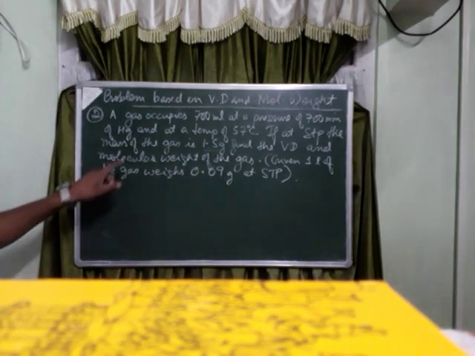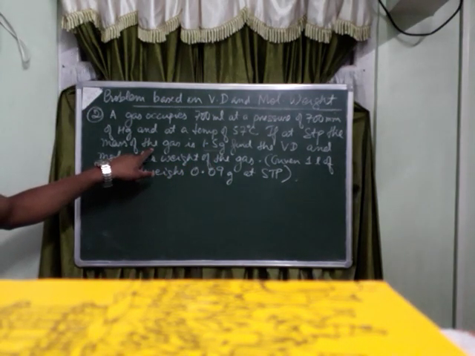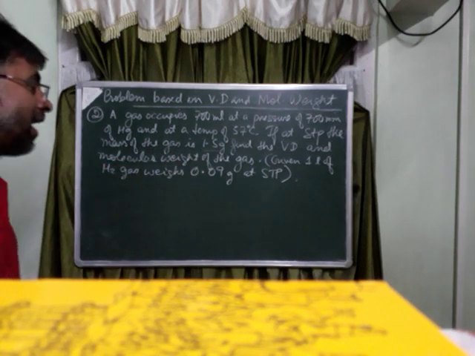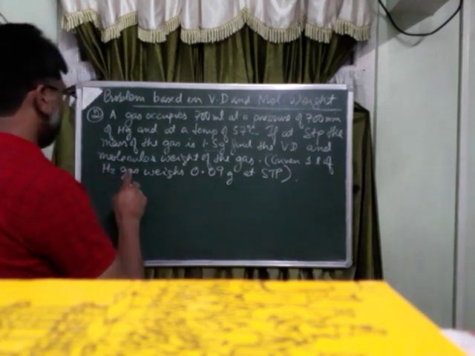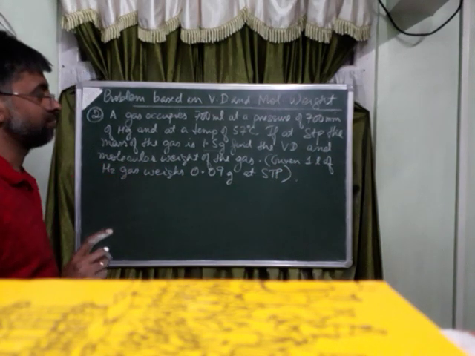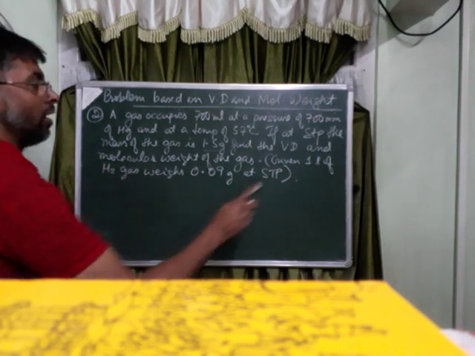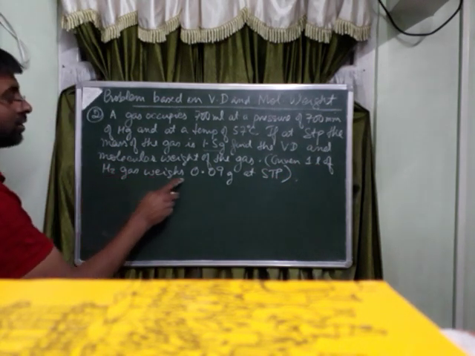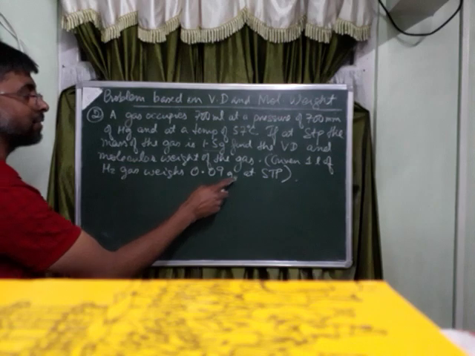They are telling us to find the vapor density and molecular weight of the gas. It is also given that 1 liter of hydrogen gas weighs 0.09 grams at STP.